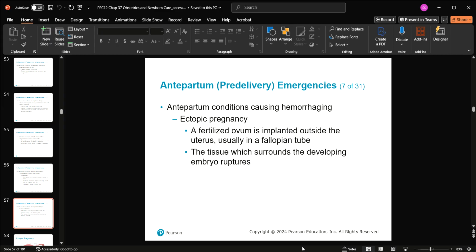It can happen anywhere in the female reproductive system outside of the uterus. In the next slide, we're going to go into photos where that could be, but it is most commonly found in the fallopian tubes. The patient may be experiencing pain unilaterally, because the fallopian tubes are one on each side, in the right or left lower quadrants of the abdomen.